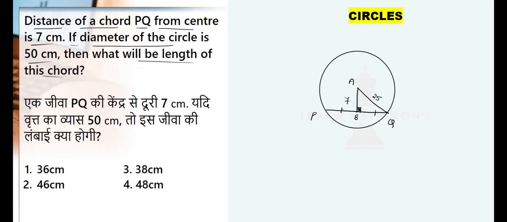So if you observe ABQ is a right angle. So we know that the triplet with 7, 25 is 7, 24 and 25. So the length of BQ is 24 centimeters. If BQ is 24, PB is also 24 centimeters, right? Then length of the chord PQ equals 24 plus 24, 48 centimeters as answer, option number 4.